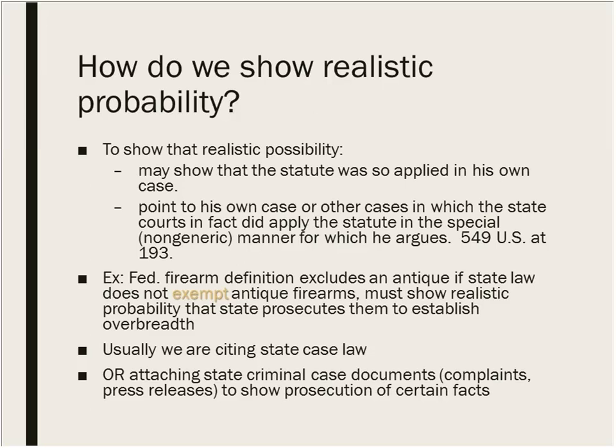Some ways we've gotten around that: sometimes there's a case, or some case law about the statute that's really helpful. We have that in our firearms context in New York. And other times you can attach complaints. You can look at news reports, press releases to show that the state prosecutes a crime under a certain set of facts.